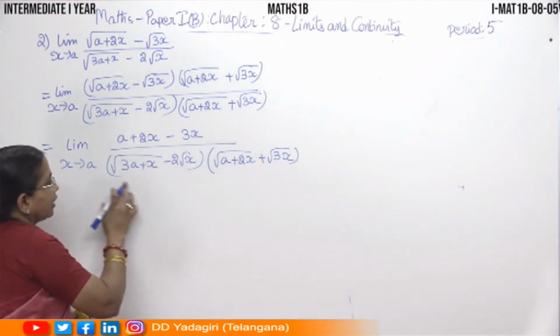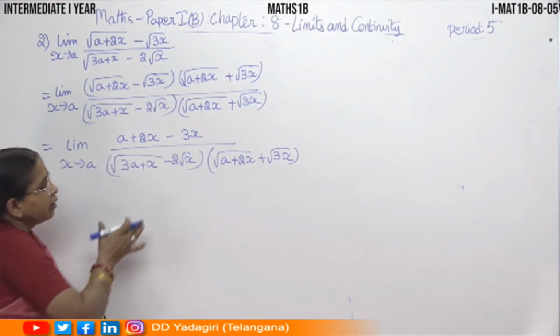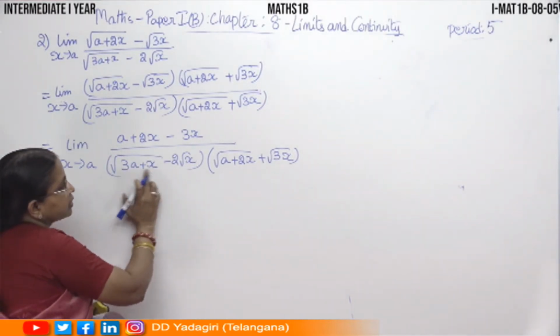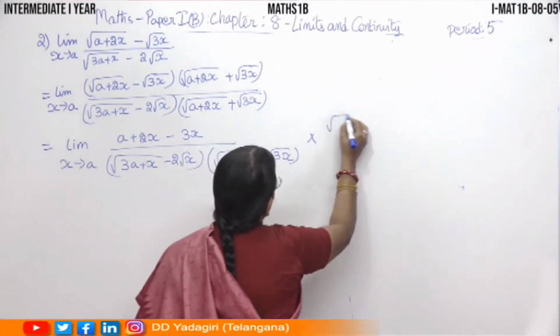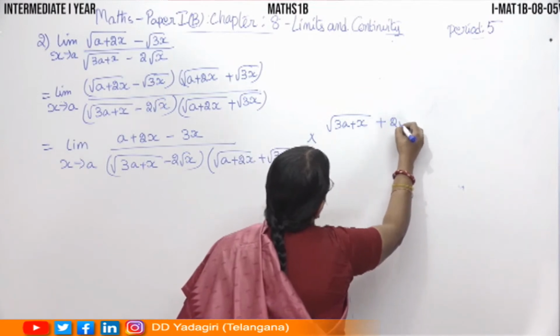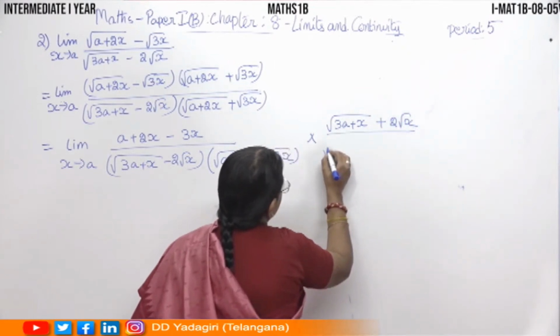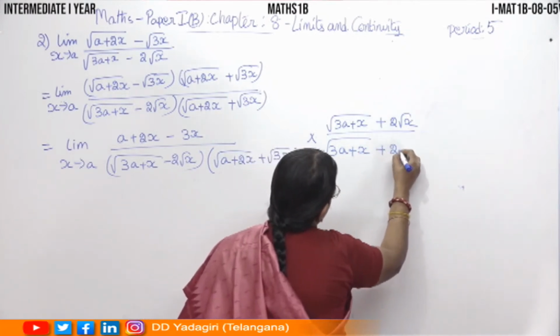Now see, when you put x as a, this becomes 0 by 0 form only. Now again rationalize this. What is the rationalizing factor? Plus. So I will write here only into root of 3a plus x plus 2 root x by root of 3a plus x plus 2 root x.